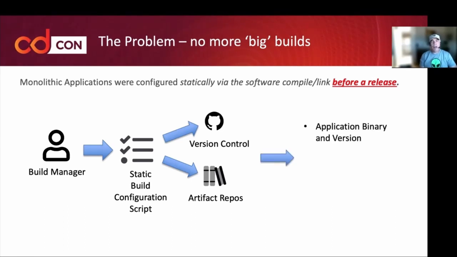And what ends up happening in this process is we have our big build that creates our application binary, and we know that it's a specific version. We've pulled together these pieces of source code and libraries, and we've stuck them all together and packaged them into basically our application executable, and that's going to get versioned into a repository.